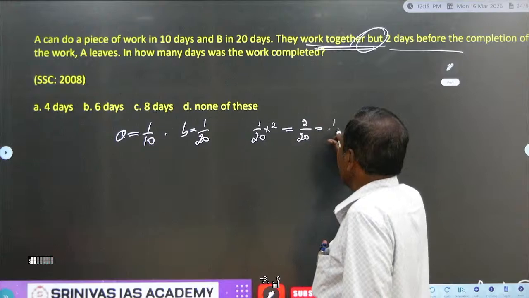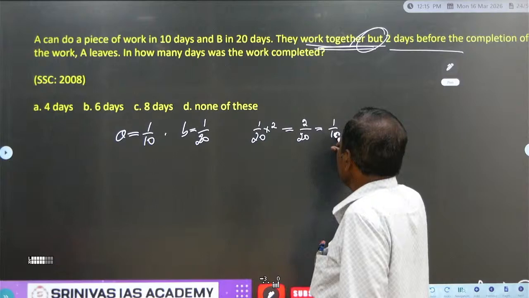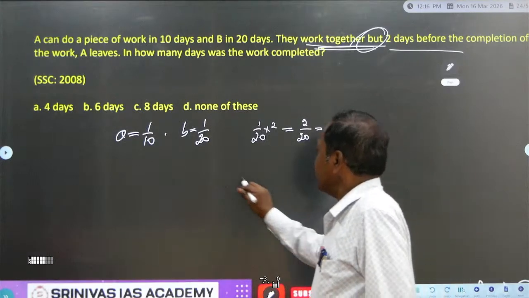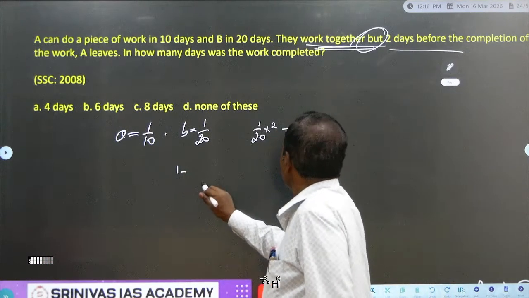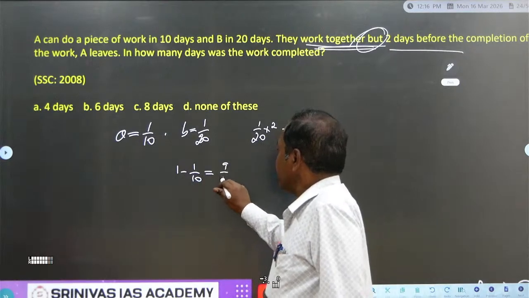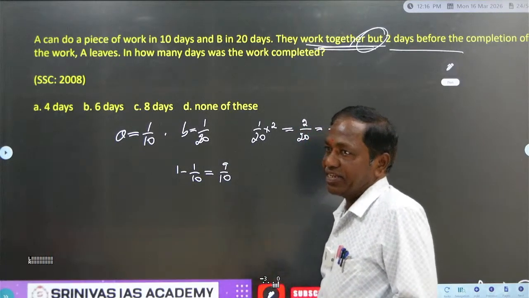It means what? 1 by 10. This is 1 by 10. So 9 by 10 is the work done together. The remaining work is done by both of them, A plus B. It means 1 minus 1 by 10. So 9 by 10 is the remaining work. Remaining work is done by A plus B.